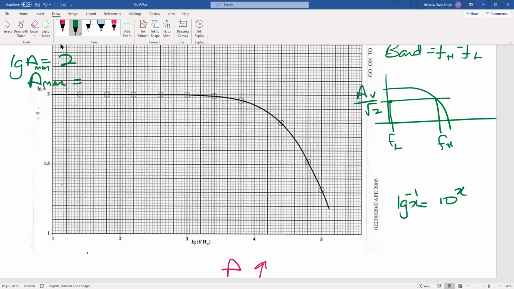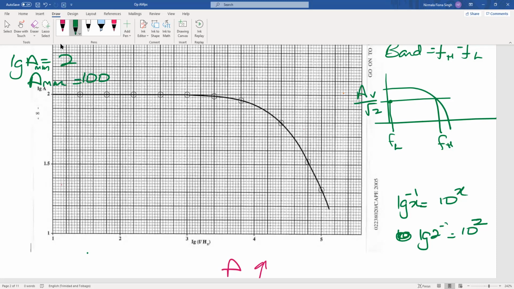So the inverse log of 2 is just going to be 10 to the 2. Real easy, that's why I could have done it mentally. 10 squared is 100. So that means the maximum gain of my amplifier was not 2, it was 100.